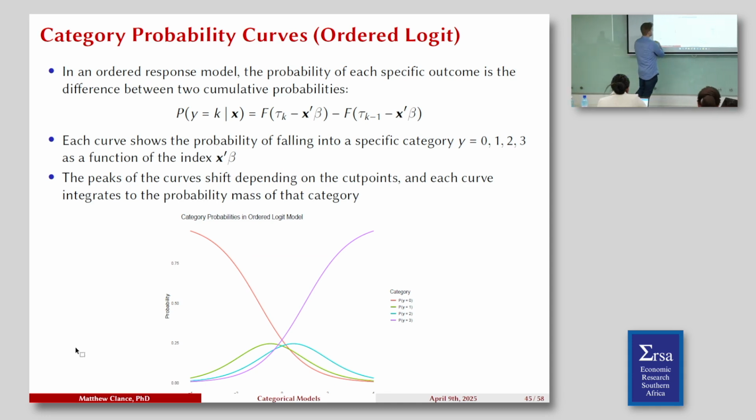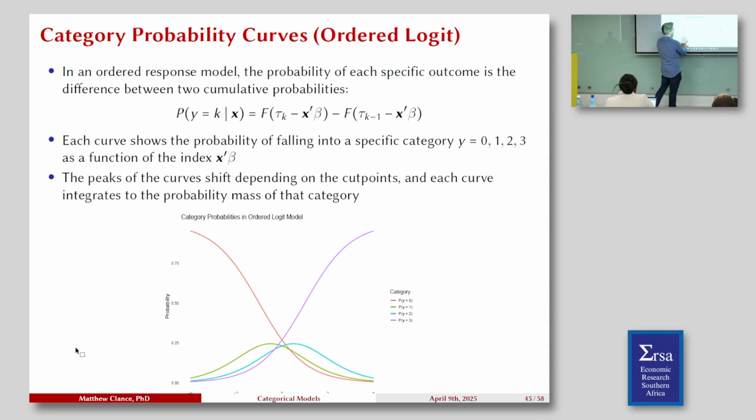So basically, being in category K versus being in category K minus 1, minus the linear predictors. Okay? Each curve shows the probability of falling into that specific category, and the peaks of the curves shift depending on the cut points. And each curve integrates to the probability mass of that category. That's just some jargon that we have.